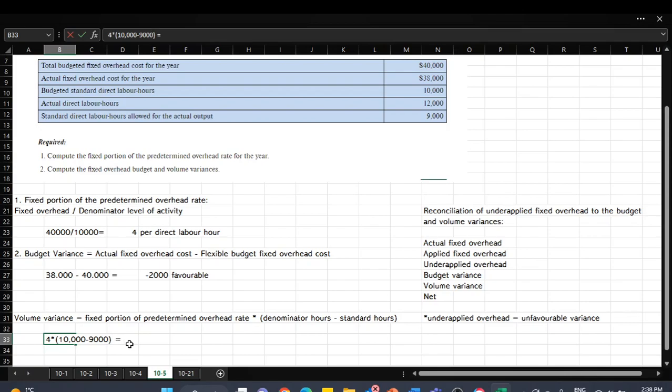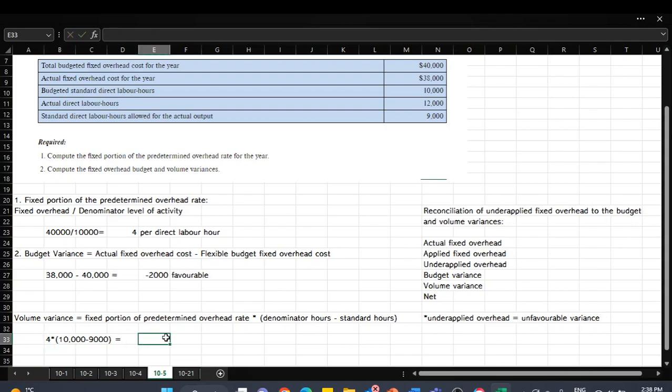Okay, so something to keep in mind here is we're not even talking about our actual direct labor hours of 12,000 in any of this. Okay, we are looking at the denominator hours in our predetermined overhead rate and the standard direct labor hours that are allowed for that actual level of output, which would have been 9,000.